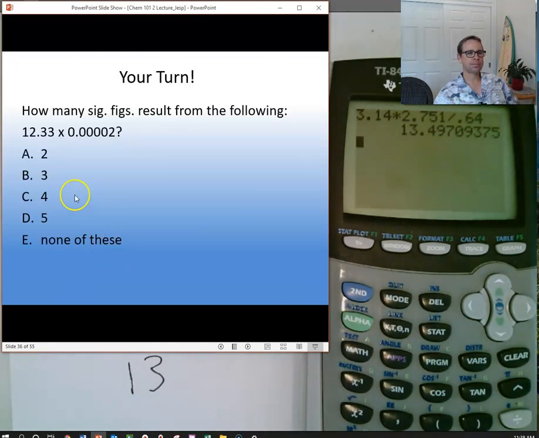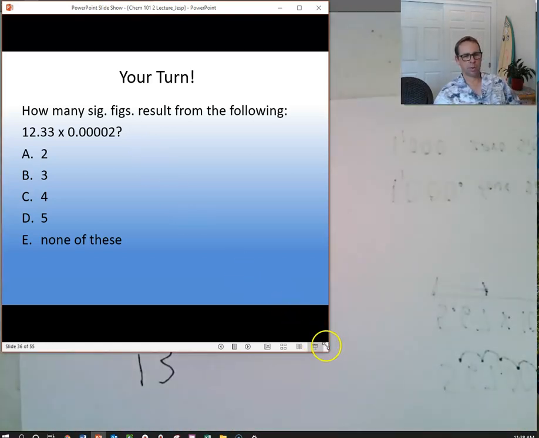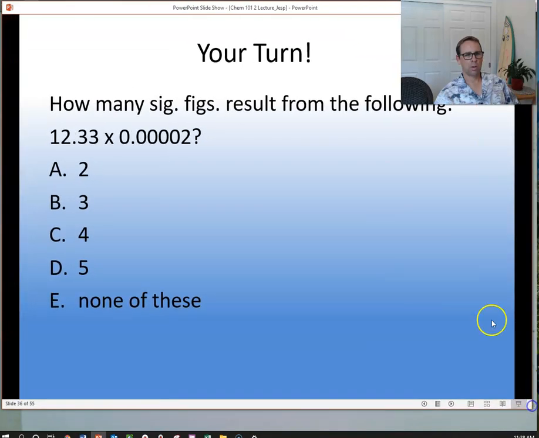So, how many significant figures should result from this following problem? How many significant figures does this number have? 1, 3, 4.